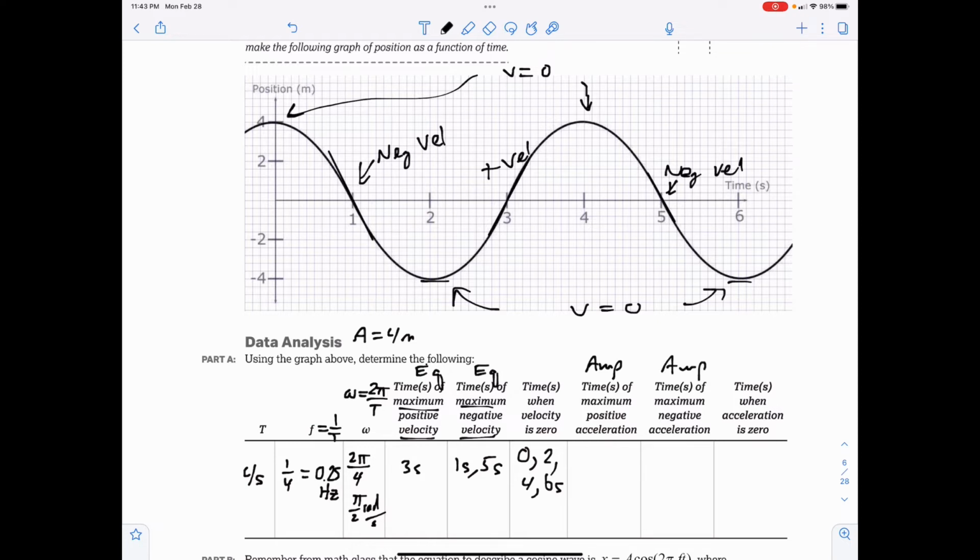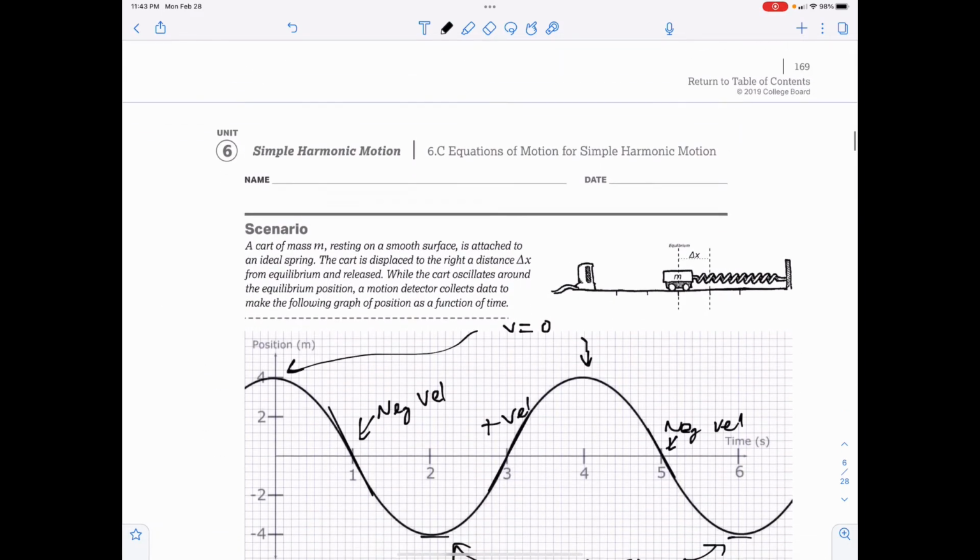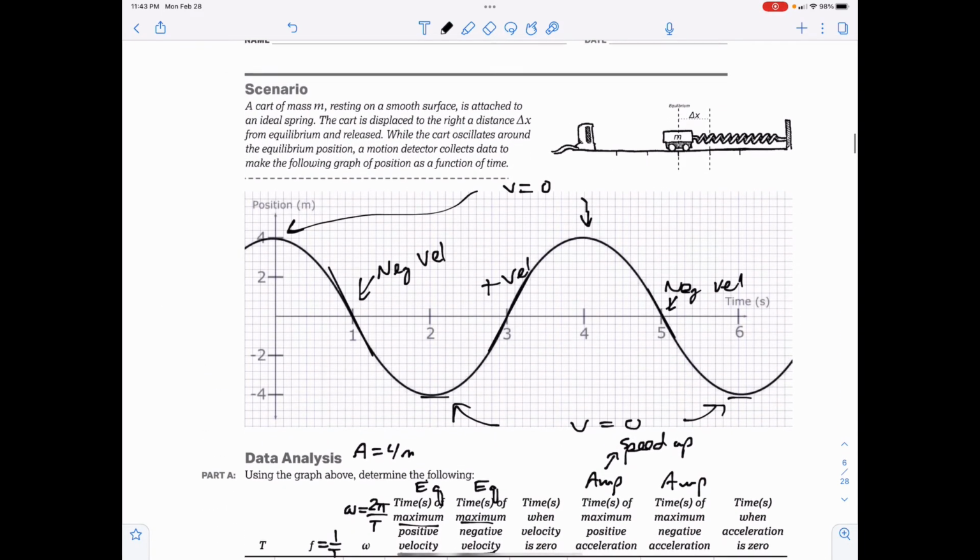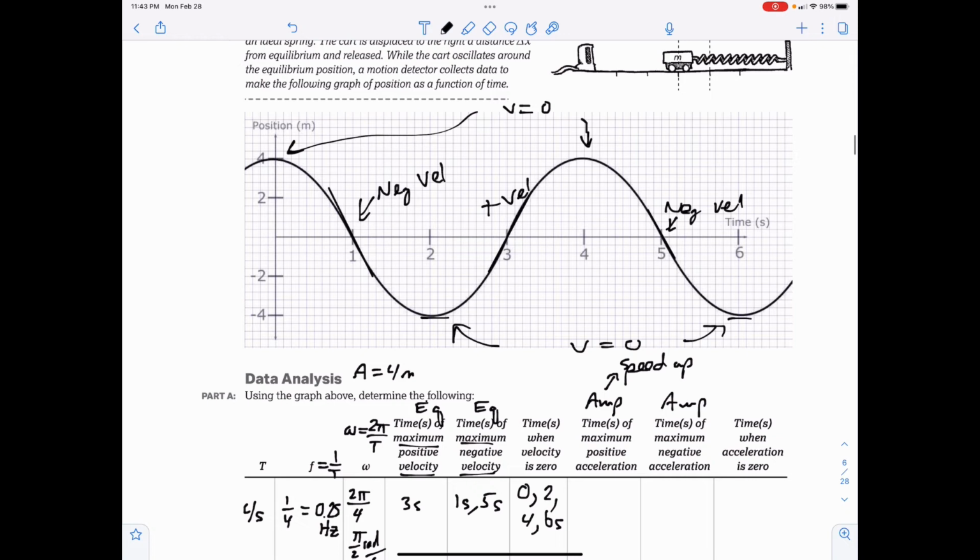Now, time of positive maximum acceleration is going to occur when you are speeding up, going back towards equilibrium.